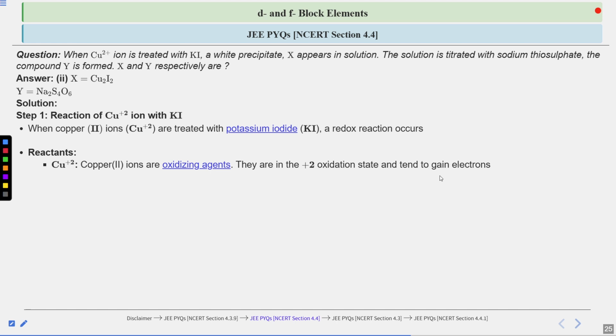They will gain electrons, so act as oxidizing agent. That means they oxidize others and get reduced themselves. The other reactant is I negative from potassium iodide, right? So iodide ions are reducing agents. They are in the -1 oxidation state and they will lose electrons. That means they act as reducing agents by reducing others and getting oxidized themselves.